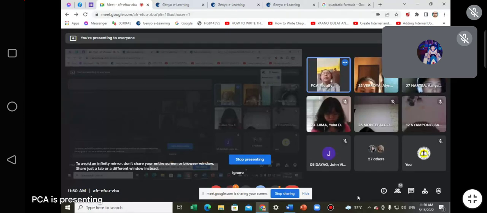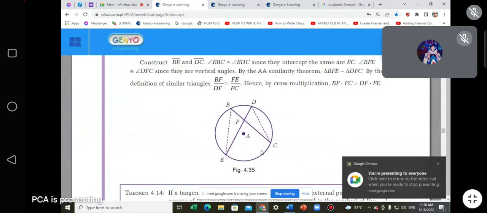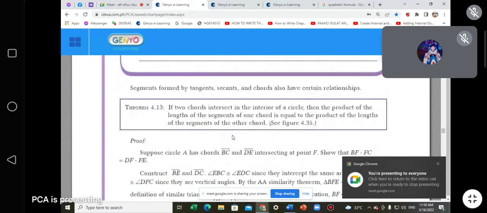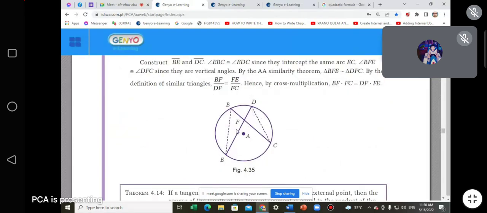Okay? Okay, let's go now there. So we're here. Okay, these chords intersecting in this part of the circle inside, no? At point F. Okay, we call it internal point. Maybe, sige, intersection eh. It's inside. It's not external point. No? The point that is inside the circle. Okay.